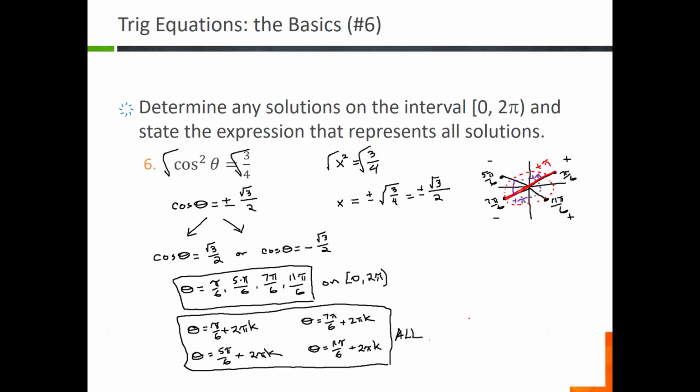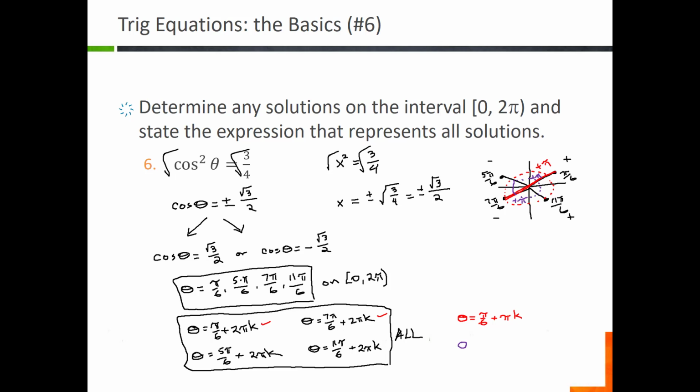So the first one would take the pi over 6 and the 7 pi over 6, and we could write that as theta is equal to pi over 6 plus pi k. And again, it's a pi because that's how far it is between these two answers. So that takes care of the pi over 6 and the 7 pi over 6. The other two, the 5 pi over 6 and the 11 pi over 6, those we could write based off of the 5.